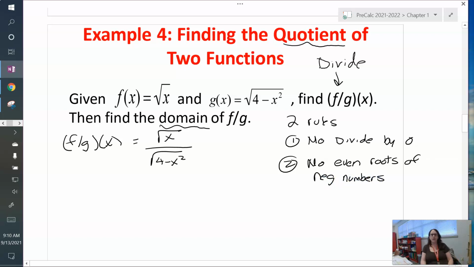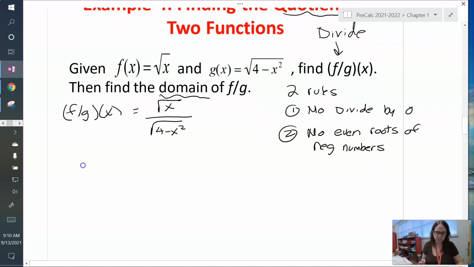Okay, so the first thing I do is start off assuming that the domain is all real numbers. And then as I apply those rules, I start taking out those things that don't work. And then what we have left will be the domain.